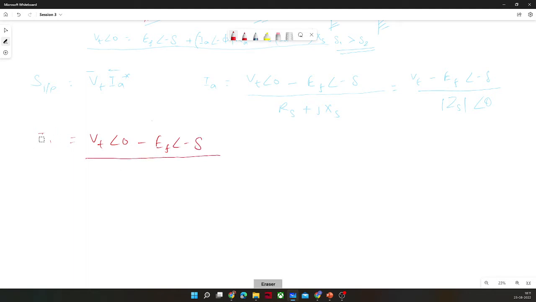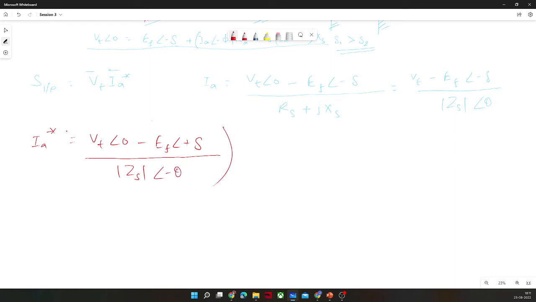So now I am going to calculate Ia conjugate. While taking the conjugate, we just have to change the sign of the angle. Since it was minus delta here, I will change it to plus delta, and mod Zs angle minus theta.